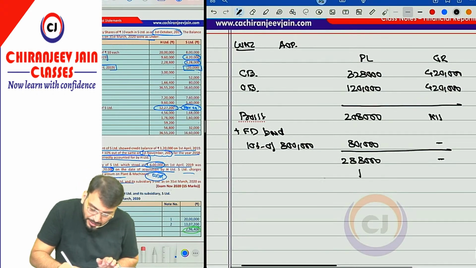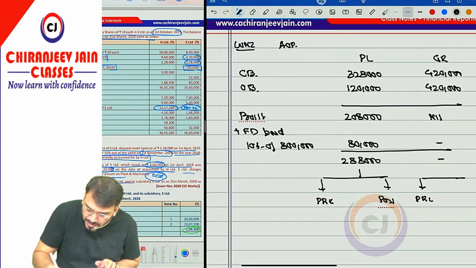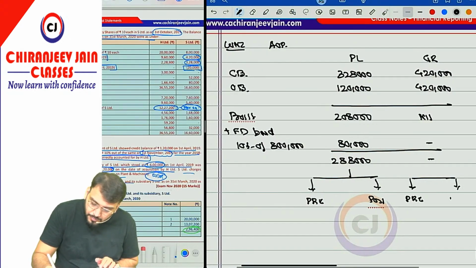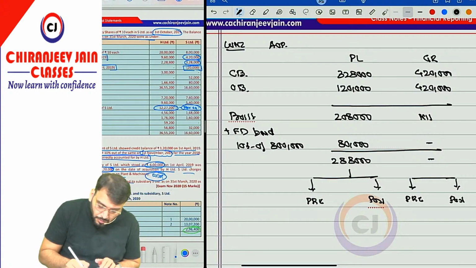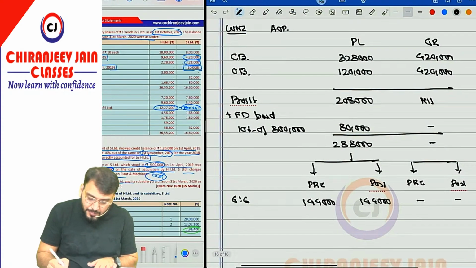This will be allocated to pre and post, because there is no abnormal loss in this. I'm just writing pre and post. On which basis? 6 months is to 6 months. So this will be 1,44,000. This will be nil nil.